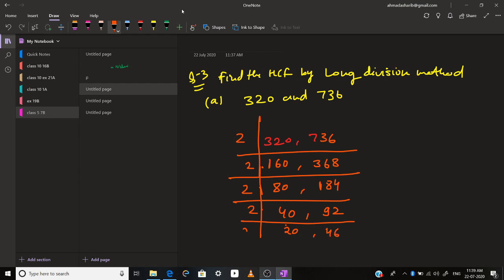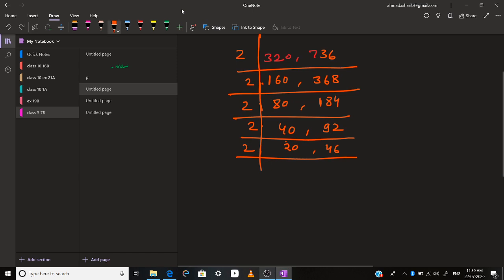Now again reduce by 2, 2 10s are 20, and 2 2s are 4, 2 3s are 6. Now we will stop here. Why? Because the rule in the long division method is we have to reduce each and every number by the same number.